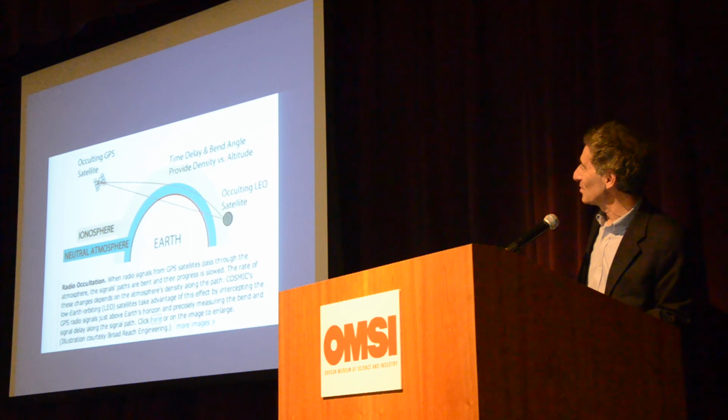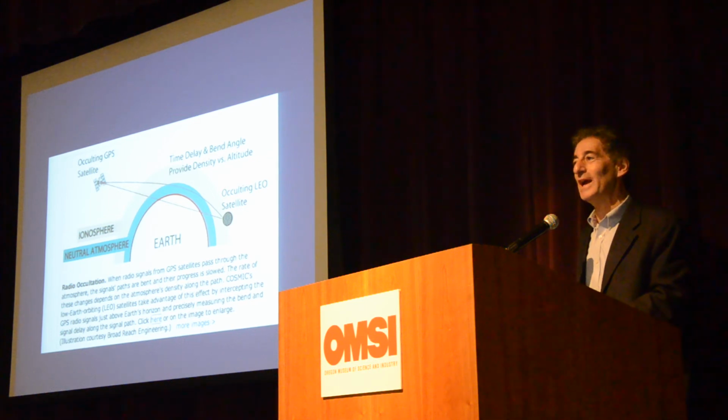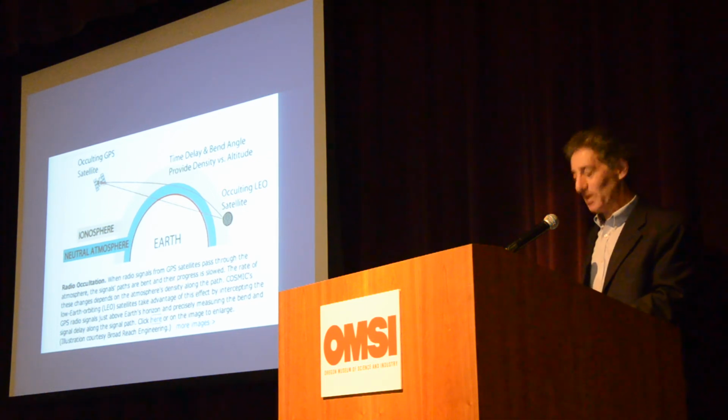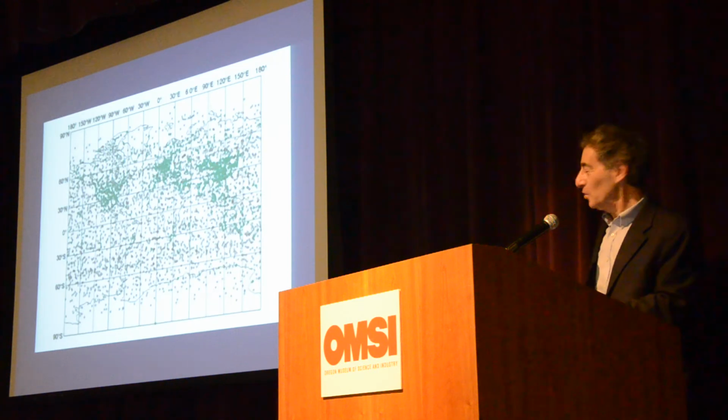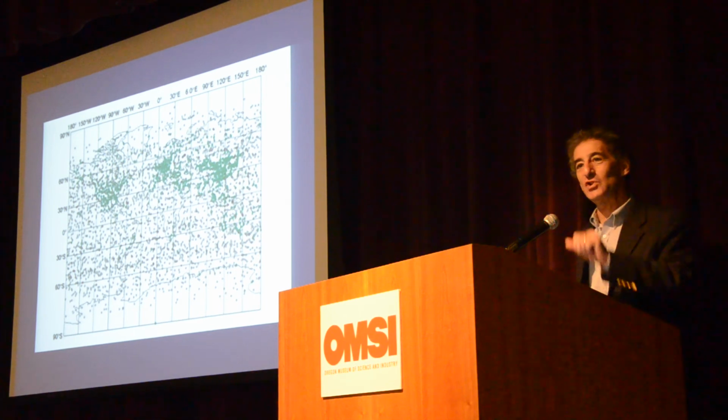And so as the receiving satellite moves down like this, the signal from the GPS satellite has to scan through the Earth's atmosphere, and you can actually get temperatures and humidities with height from these satellites by receiving the GPS signal. And you can get not one, but hundreds or thousands of soundings around the planet each day from receiving the GPS signals.